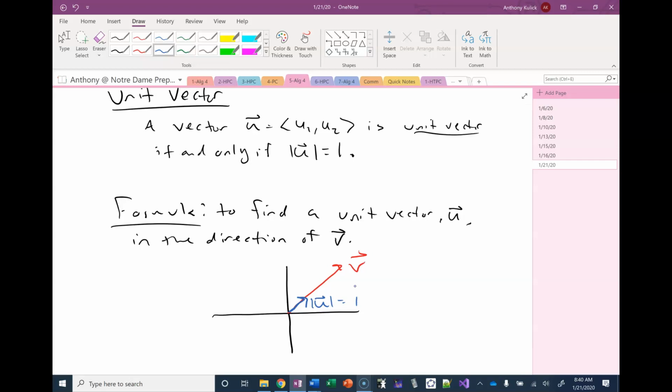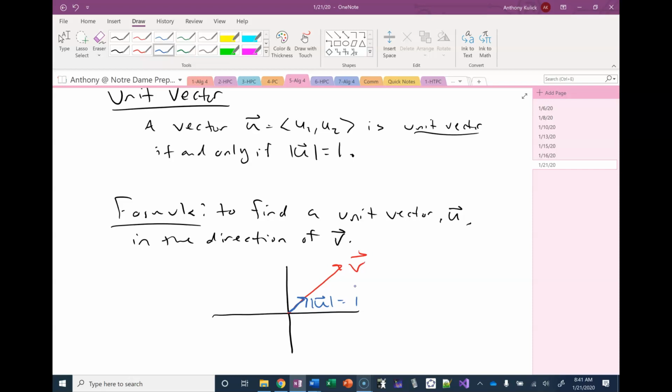Is everybody okay visually with what we're trying to do here? So I have some vector v. I want to keep the direction the same, but I want its length to move down to 1 unit. If we're changing the magnitude but not its direction, what are we going to need to do?